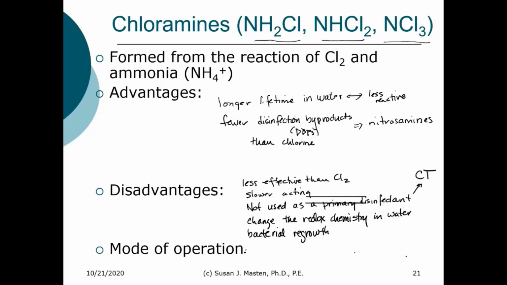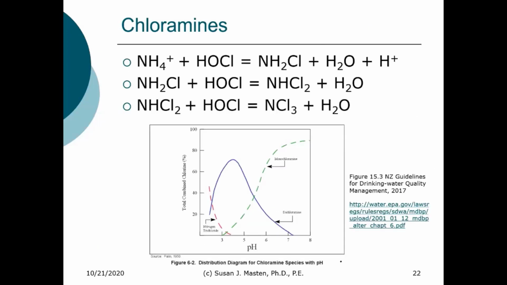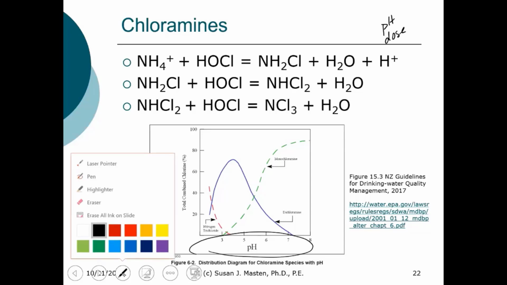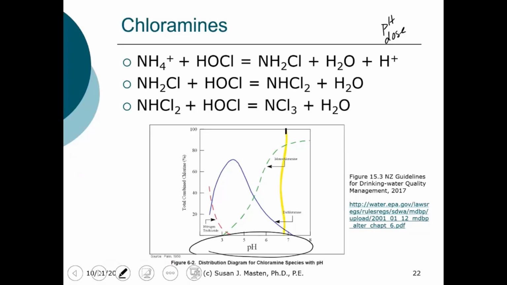The major mode of operation is to disrupt enzymatic function. Now, the formation of chloramines depends both on pH and dose. And as you can see here, looking at it as a function of pH, if we are in the pH region of most natural waters, we're in this region here, and monochloramine will predominate.